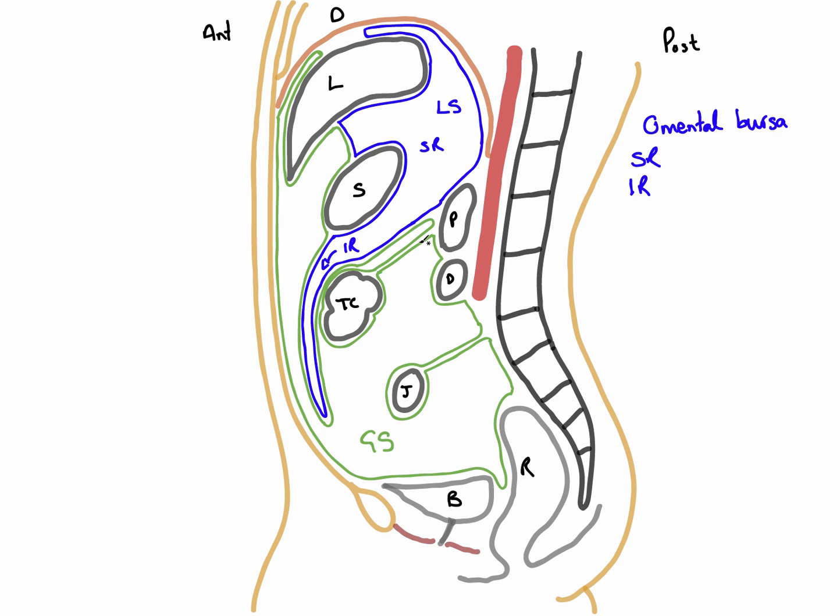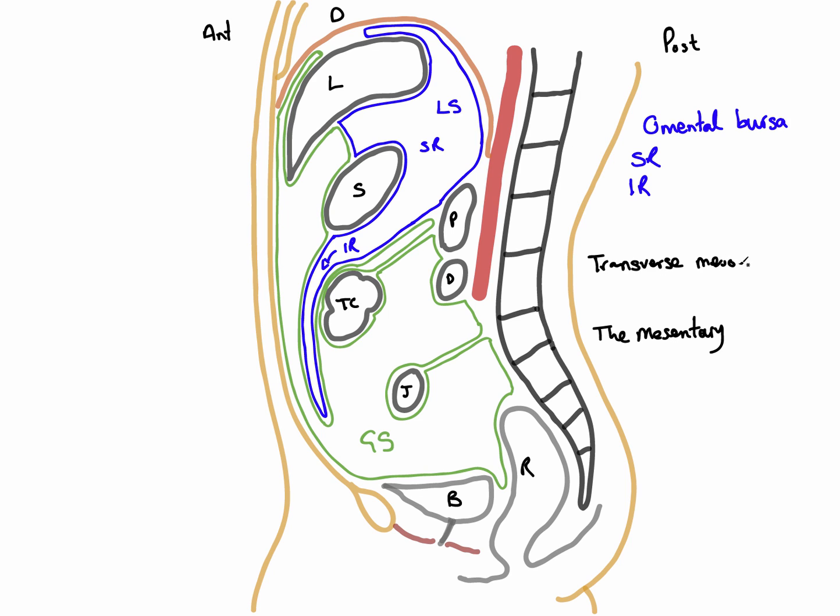We just need to name these various ligaments and various pieces of mesentery that I've identified. So if we look here, we've got the mesentery. So the mesentery is suspending the small intestines. Here we've got the transverse mesocolon.